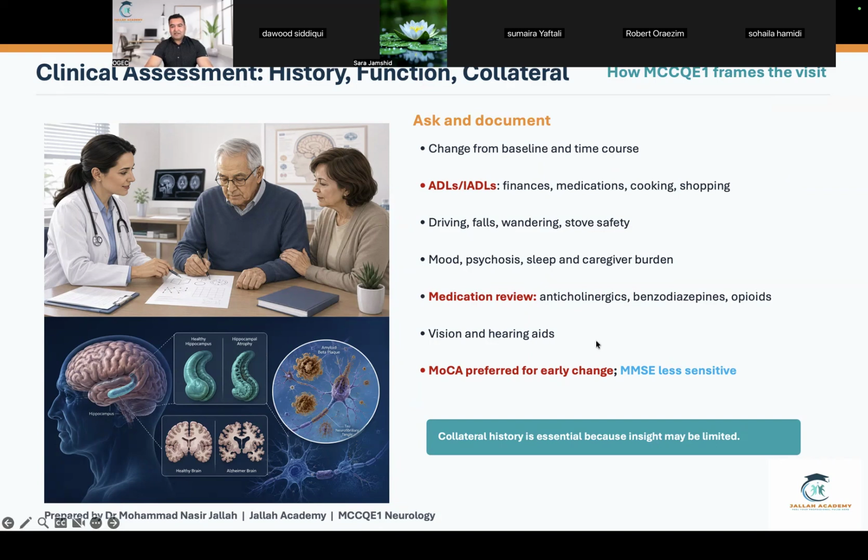In psychiatry cases, ask about anticholinergic medication, benzodiazepines, and opioids, especially when you're dealing with delirium, confusion, or dementia. Always ask about these medications. Vision and hearing: usually the most important part of the treatment when it comes to delirium, because if the patient cannot see or hear properly, it worsens the condition.